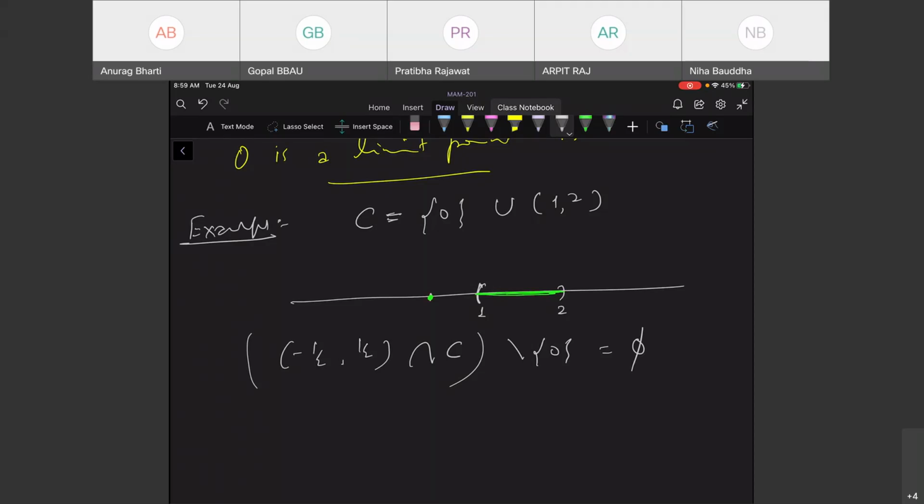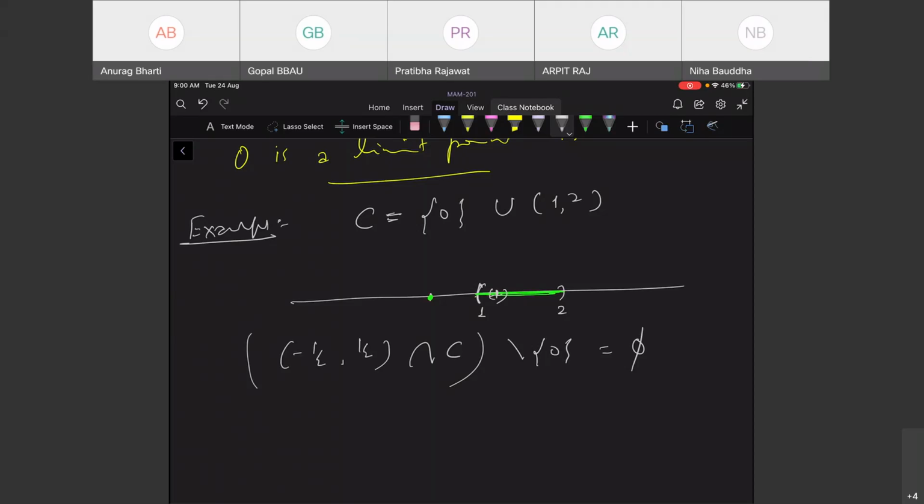But when you take any other point in C, say this point, then this is a limit point, because any neighborhood of this will always intersect with C in many points of C. So there are infinitely many.